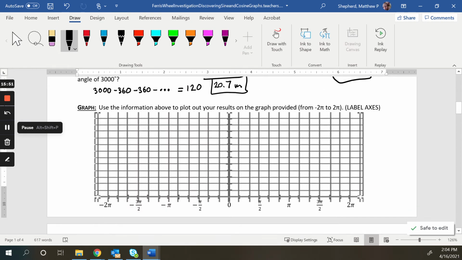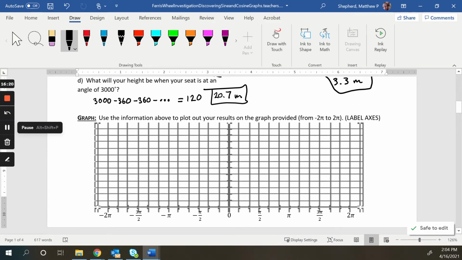So we got 1 pi over 6, 2 pi over 6, which would just be pi thirds, 3 pi over 6, which is pi halves, 4 pi over 6, 5 pi over 6, 6 pi over 6, which would be pi, 7 pi over 6, 8 pi over 6, 9 pi over 6, which simplifies to 3 pi halves. And that's essentially the way this is counting. And it's going to make graphing those points a bit easier.